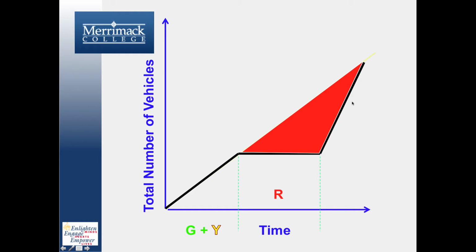That much higher rate is the saturation flow, until equilibrium is met, and they go on at the arrival rate beyond this red time. Okay, so this area within the two curves, the arrival curve and the departure curve, is the area that we talked about the last time. If we can find that, we can calculate the average queue and the average delay for this situation.